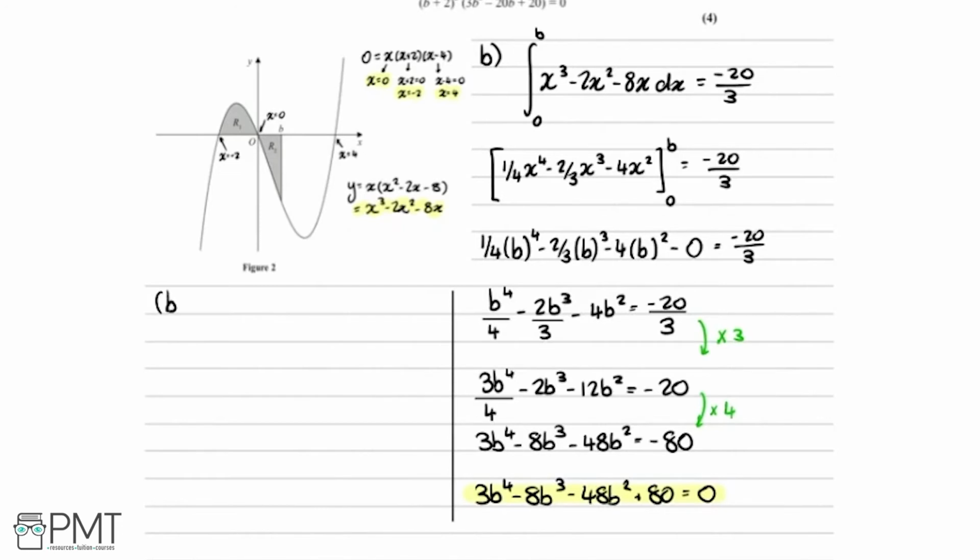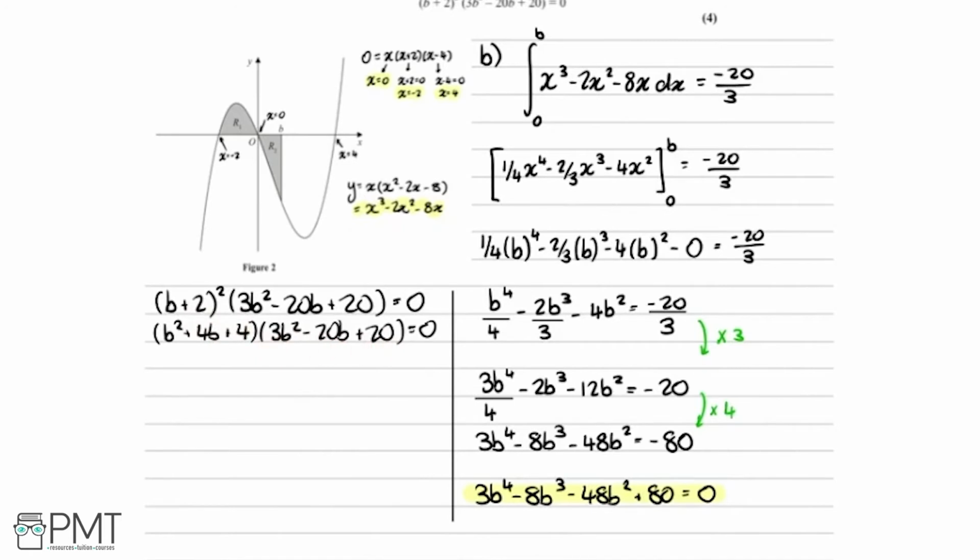So expanding the brackets, we get b plus 2 squared multiplied by 3b squared minus 20b plus 20 equals 0. So starting with this bracket here, we'll get b squared plus 4b plus 4 multiplied by 3b squared minus 20b plus 20 equals 0. Now to multiply this out, I'm going to do each term individually. So I'm going to multiply the b squared by each of the terms in this bracket, and these terms, and then these terms.